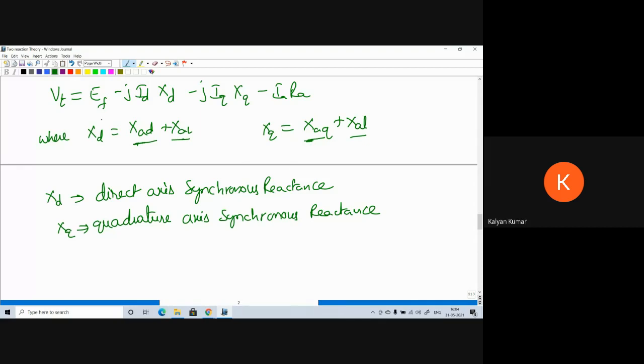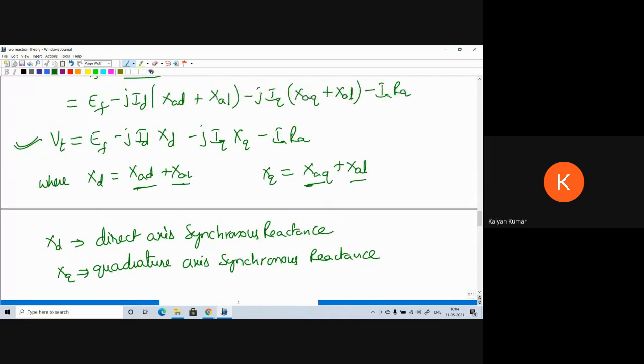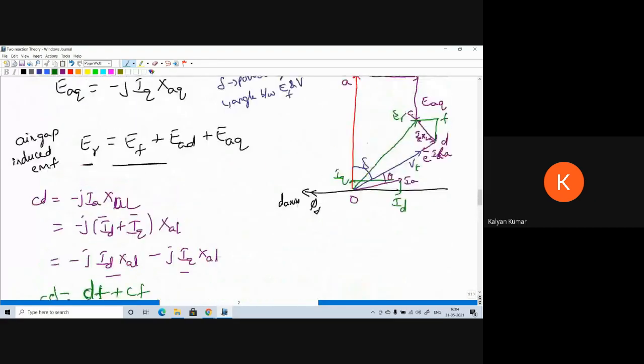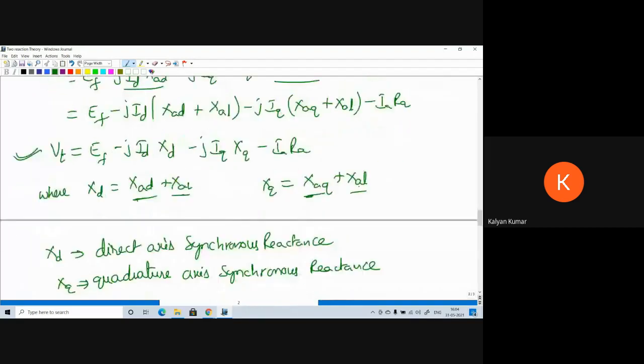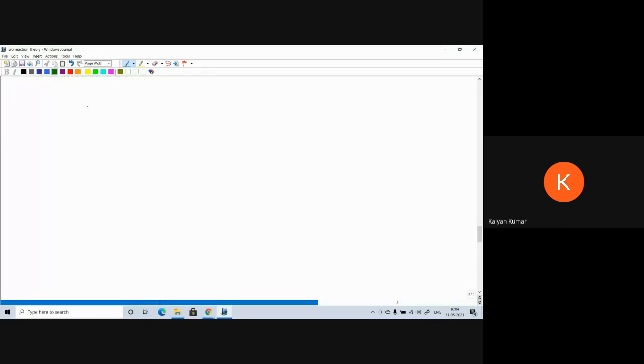Now by using this formula, we can redraw the phasor diagram and simplify it. So the phasor diagram will be like this. This is the D axis. Now we are going to have EF perpendicular to the direct axis.